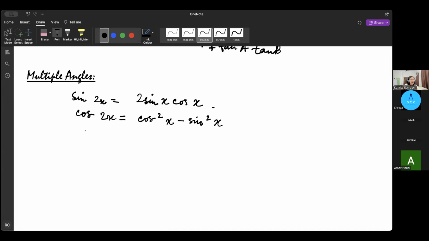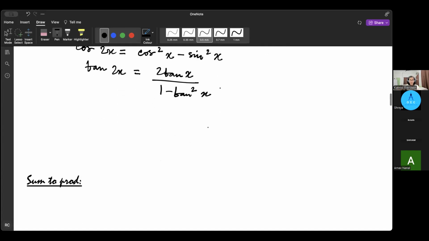That's cool. And the third one that you should remember is tan 2 theta, which is 2 tan x divided by 1 minus tan square x. So these are the multiple angles essentially. I am just not going to write down 3 theta, 4 theta. Just don't even think about it.